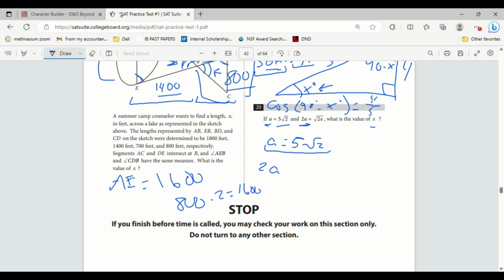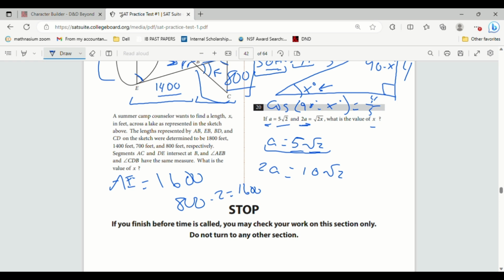We can just multiply our equation by 2. So 2a equals 10 times radical 2. When you multiply by any number, you just multiply the number on the outside of the radical, not the radical itself.